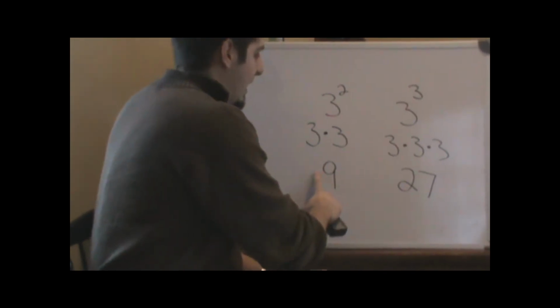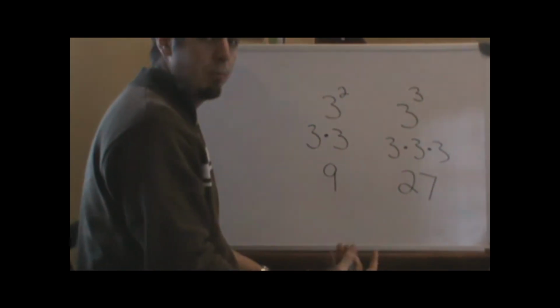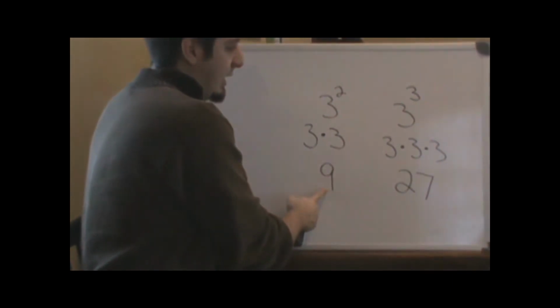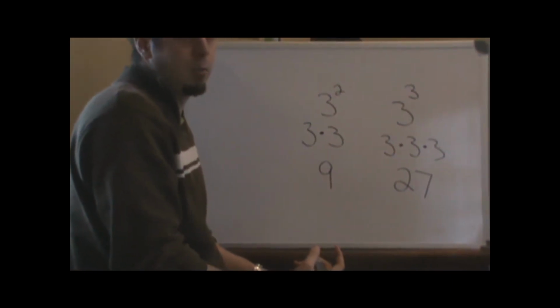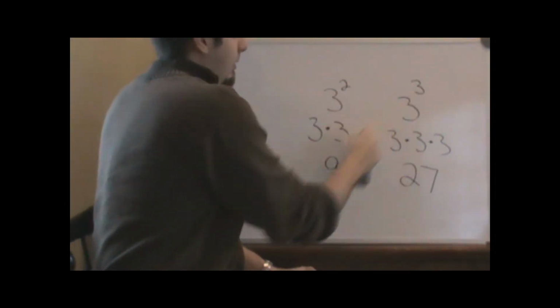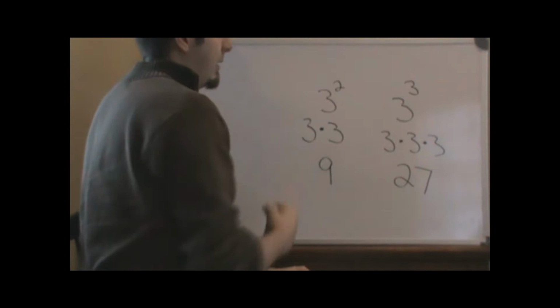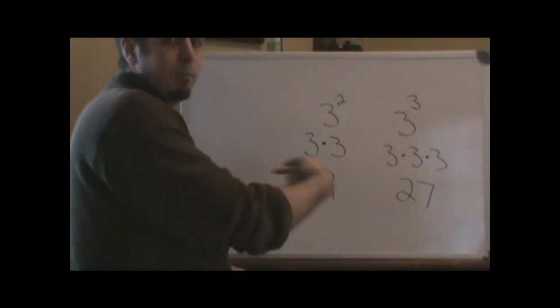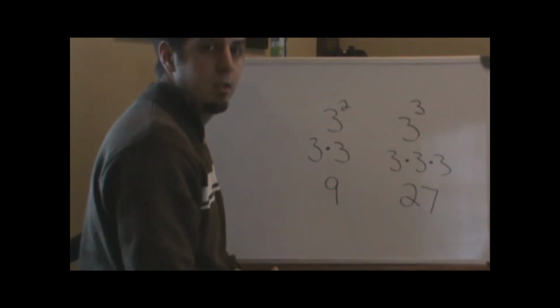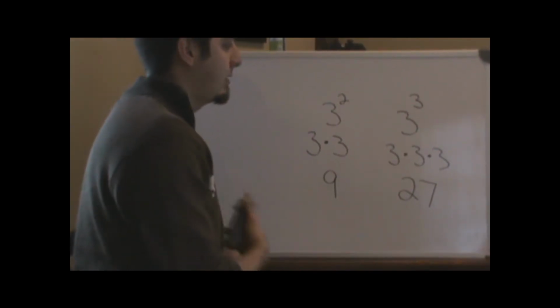To get from 9 to 27, we multiplied by 3. So to get from 27 to 9, we're dividing by 3. Or in other words, to get from 3 to the third power to 3 to the second power, we just divide by 3. So as your exponents decrease by 1, we will be dividing by 3.